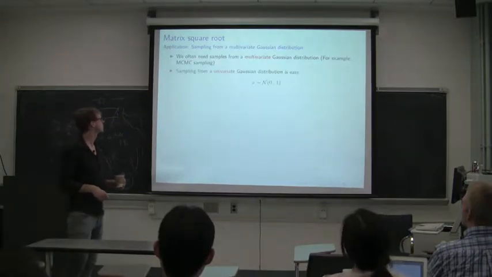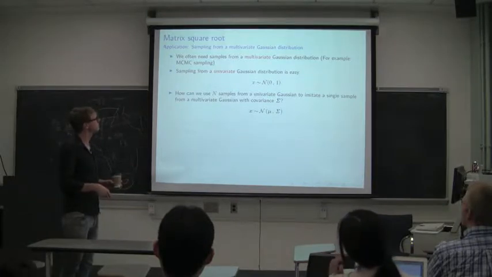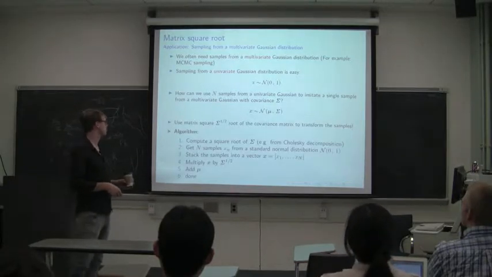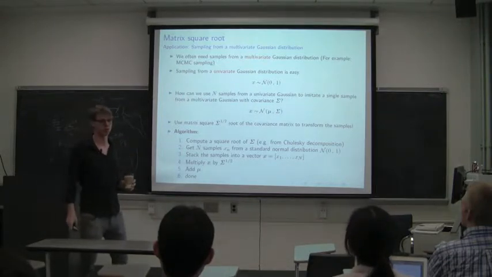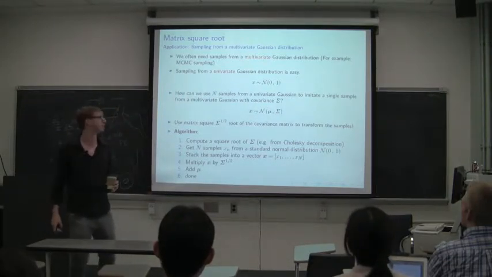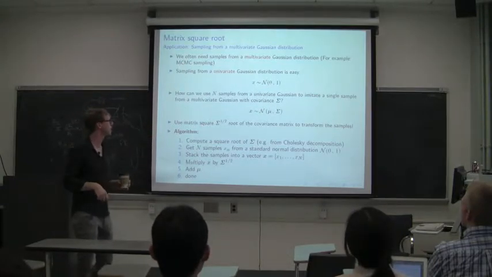Okay, well, we said that we can use the matrix square root, for example, in order to sample from a multivariate Gaussian, even though usually we can just sample from univariate Gaussians. So usually we get samples from a Gaussian with mean 0 and variance 1.